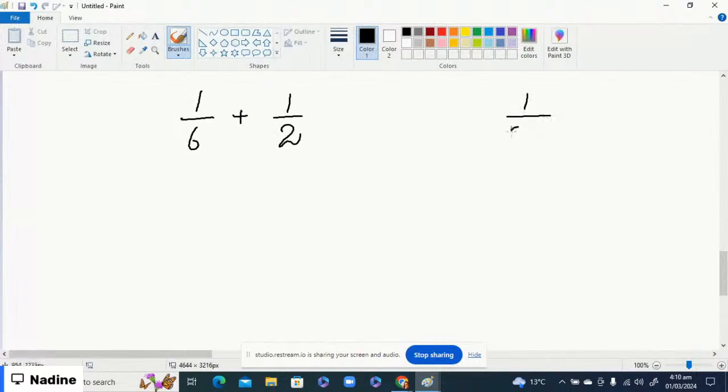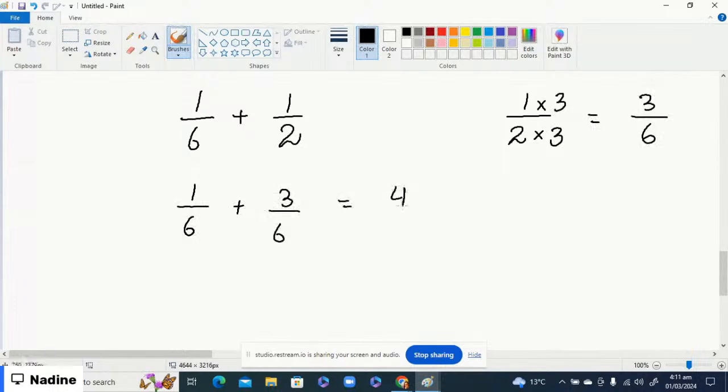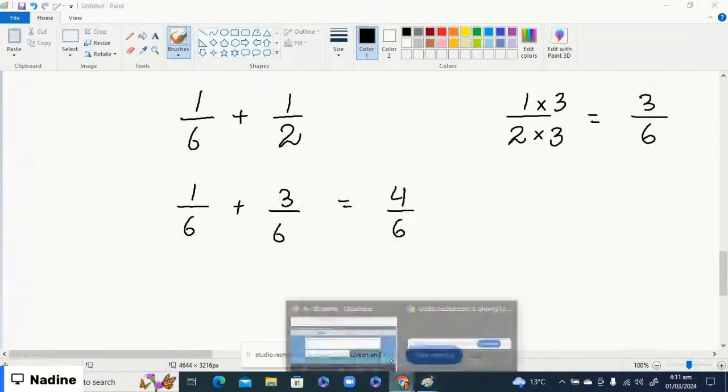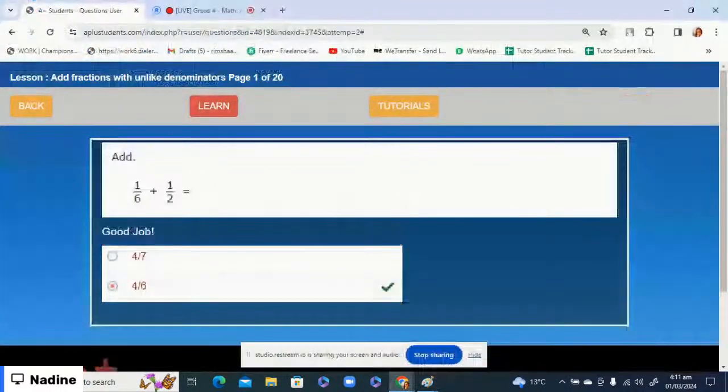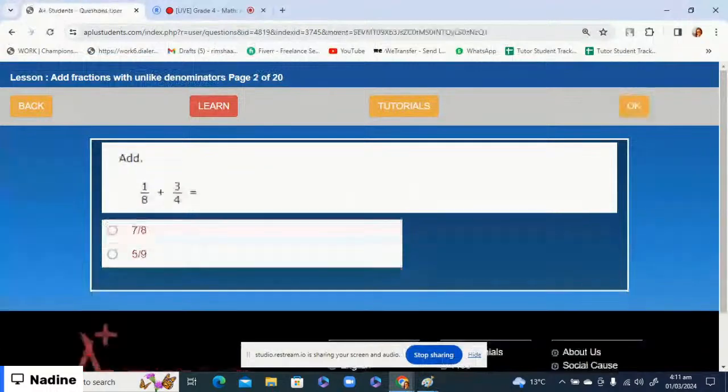Multiply and divide with which number? With 3. Okay, so 3 by 6. Let's put 1 by 6 plus 3 by 6. Now you get the answer. Good. 4 by 6. So let's check whether our answer is right or not. 4 by 6. Yes, the right answer.